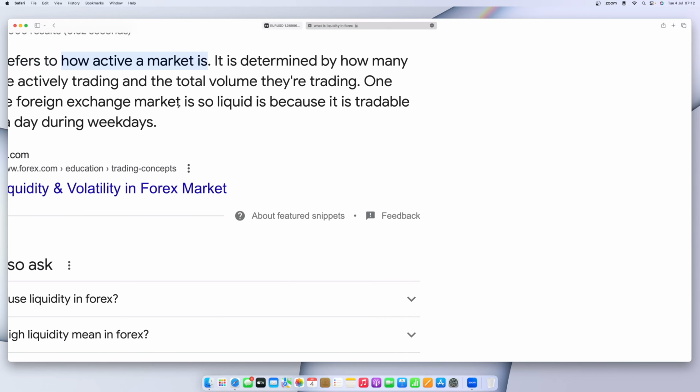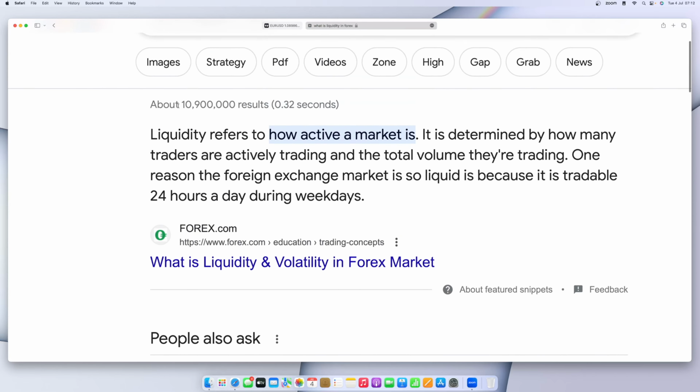And as you can see here, it says liquidity refers to how active a market is. You can see how active a market is highlighted. Then it goes further on to say it is determined by how many traders are actively trading and the total volume they are trading.